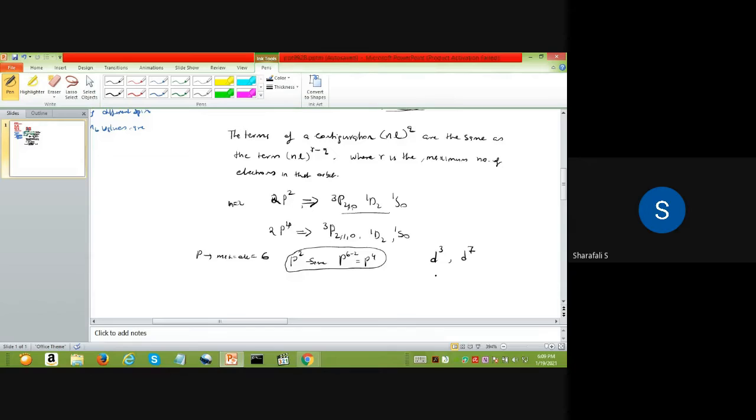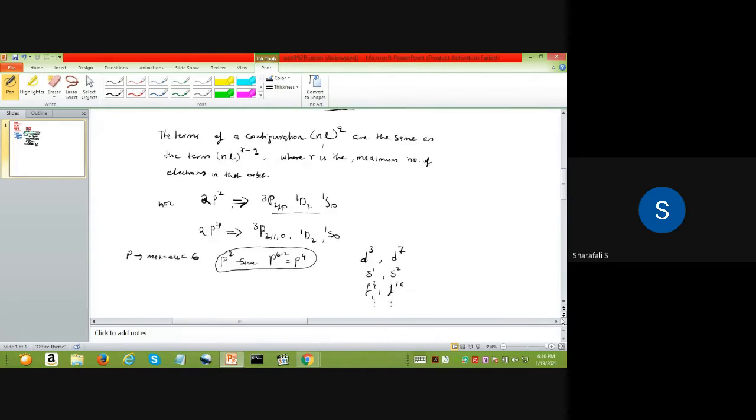And if you consider any other example, for f, which can hold 14, you can take 4 and 10, and they will have the same spectral terms. That is, nl^q and nl^(r minus q) will have the same spectral terms. Here q is nothing but the number of electrons.